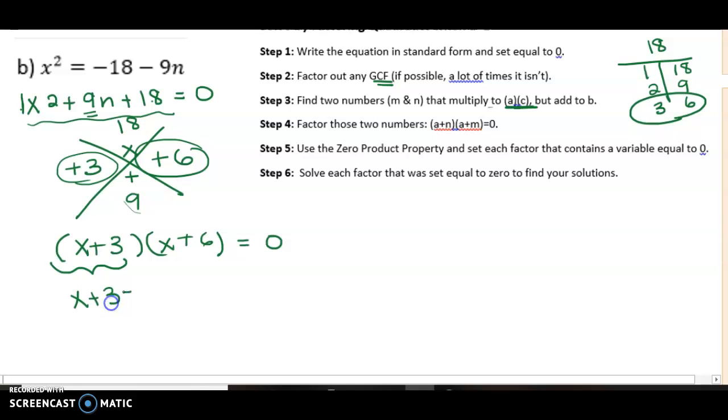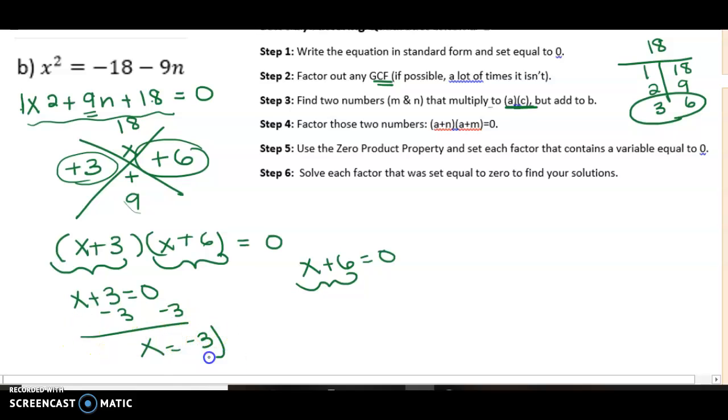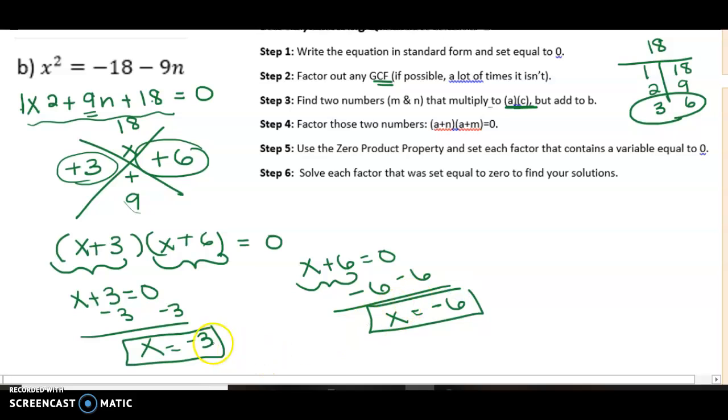So when is x plus 3 equal to 0, and then when is this parenthesis equal to 0? Well, just simple algebra, minus 3, x equals negative 3. That's one of my 2 solutions. Minus 6, x equals negative 6. Here's my other solution. So x equals negative 3, x equals negative 6. Those are my 2 solutions.